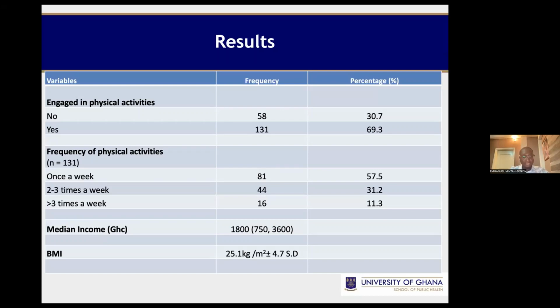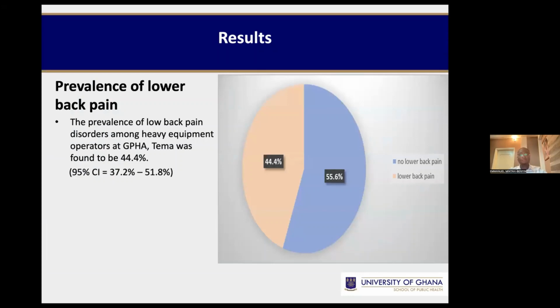Respondents' BMI was on average 25.1 kilograms per meter square, plus or minus 4.7 standard deviation. The prevalence of low back pain disorder among heavy equipment operators at GPHA was found to be 44.4%, which is quite high compared with other studies discussed previously.